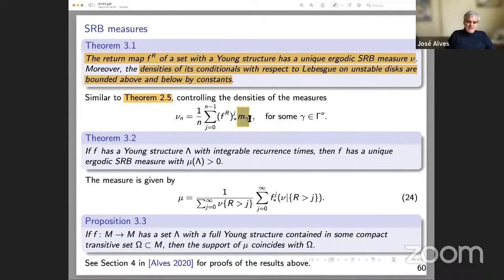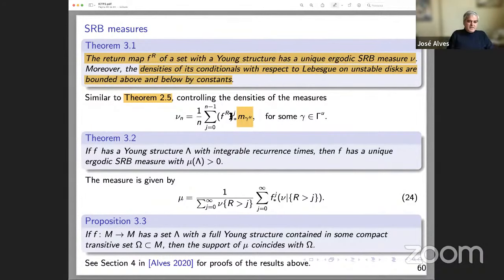The only difference is that you start with Lebesgue measure on an unstable disk, and then you consider the push forwards by the return map, and since the return map is uniformly expanding, you can control the densities of these measures, and you obtain uniform bounds from above and below.